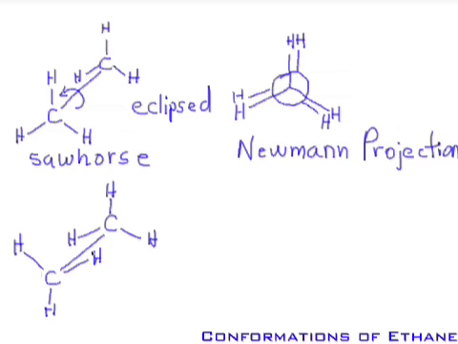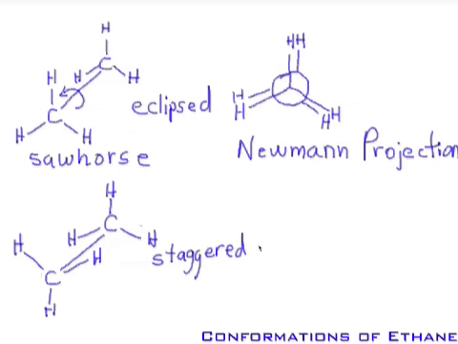In fact, this frontmost hydrogen here is halfway between those two. So you would see it here. Because they don't line up, this sawhorse diagram is referred to as a staggered conformation.